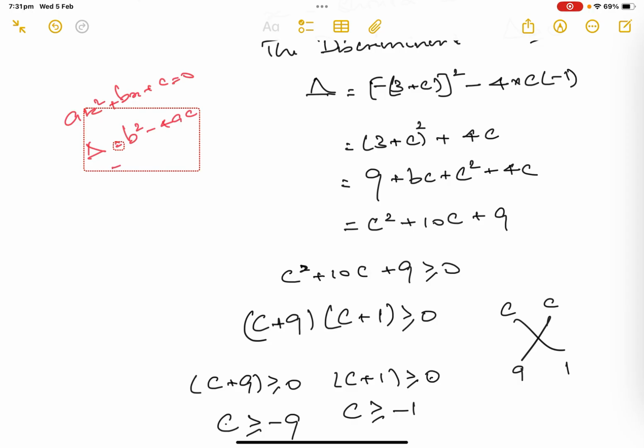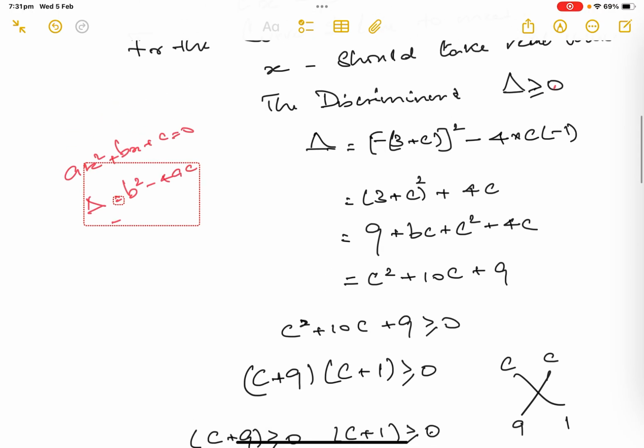What we need is for c squared plus 10c plus 9 to be greater than or equal to 0, for x to get real values.